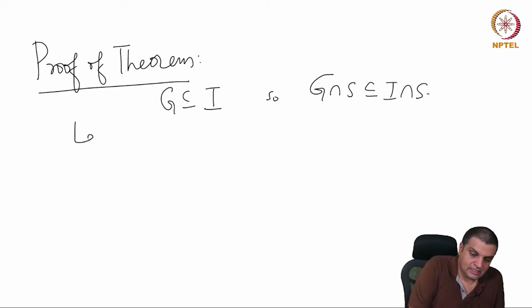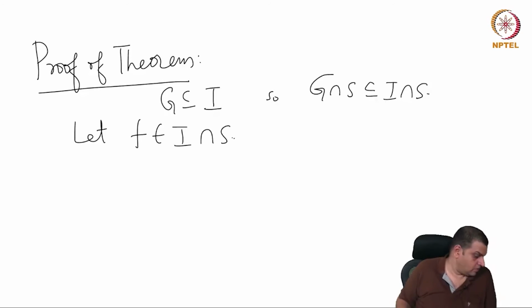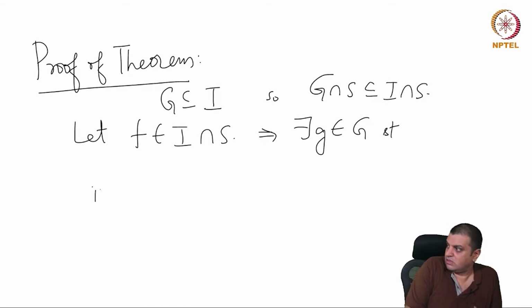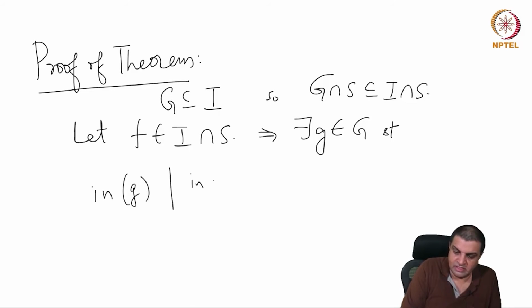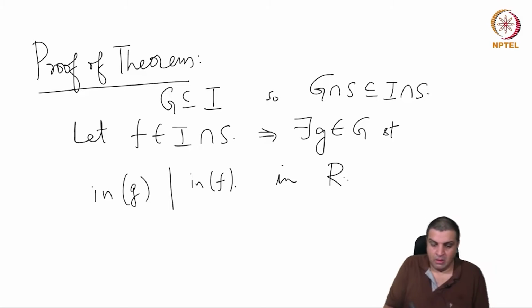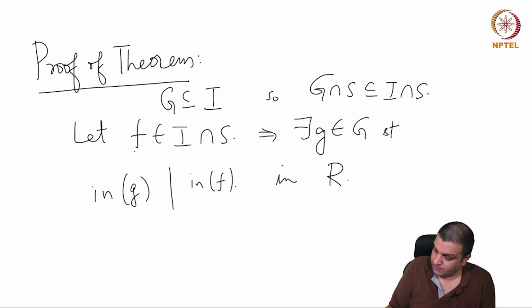So let F be inside I intersect S. This implies that, since it's inside I, there exists a g inside G such that the initial term of g divides the initial term of F in R. But F is inside S.